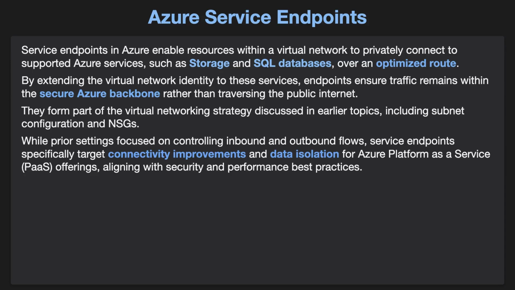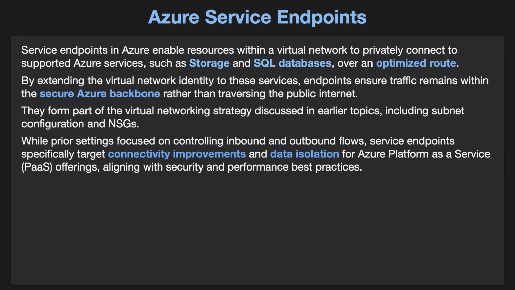Service endpoints in Azure enable resources within a virtual network to privately connect to supported Azure services, such as storage and SQL databases, over an optimized route. By extending the virtual network identity to these services, endpoints ensure traffic remains within the secure Azure backbone rather than traversing the public internet.